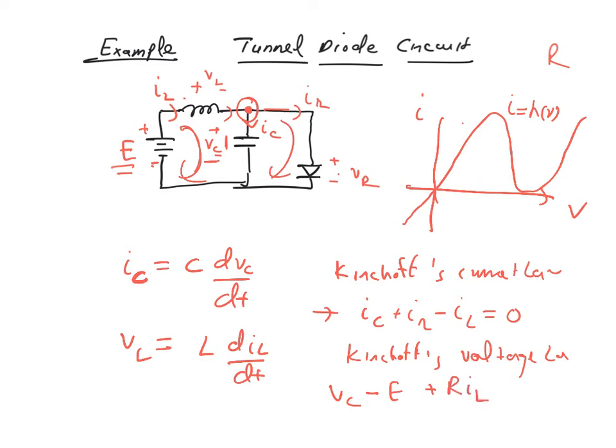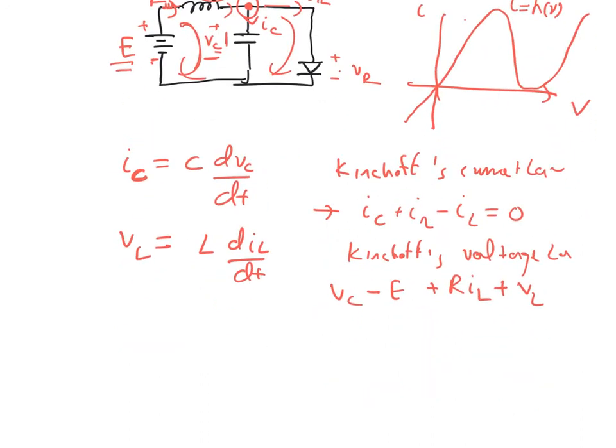So the voltage across a resistor is resistance times the current flowing, plus VL, right? I think there should be some resistance here somewhere, but for that it is R. But anyways, so that's one equation.